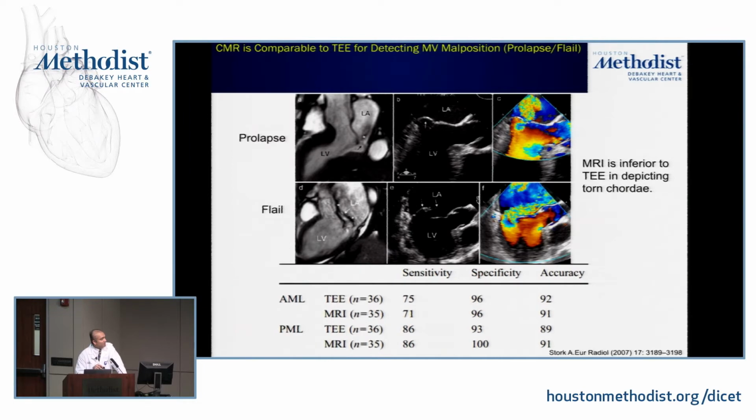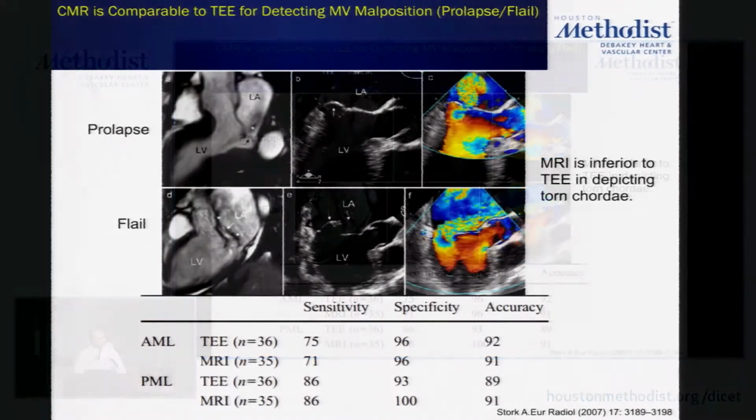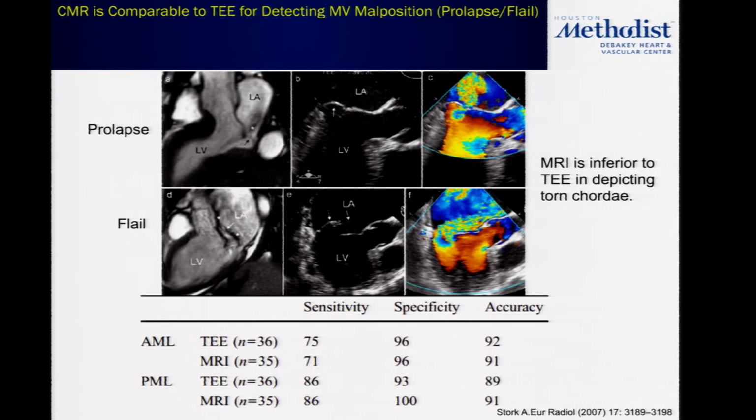And it showed really that both CMR and TE performed quite well at localizing the region of the abnormality as far as the specific leaflet and the specific scallop within the leaflet. The one area, obviously, where CMR was inferior was in identifying torn chordae. And again, that's because of the fact that the CMR images are taken over several cardiac cycles. And so when you have a very randomly mobile structure like torn chordae, echo is going to be better for identification of that.